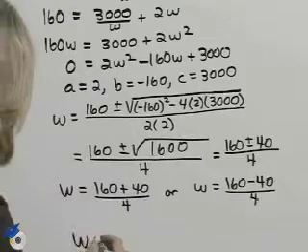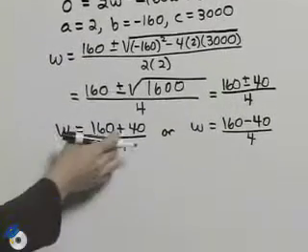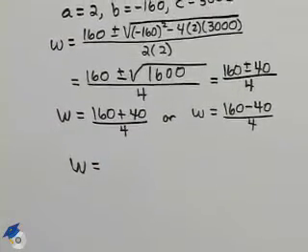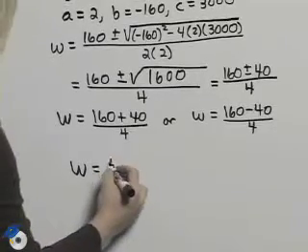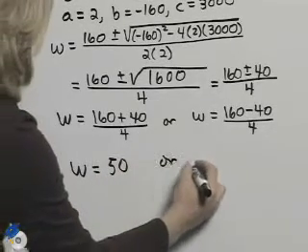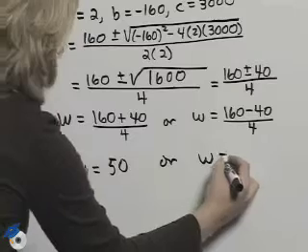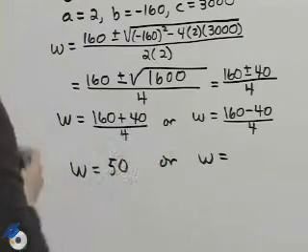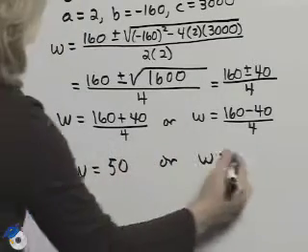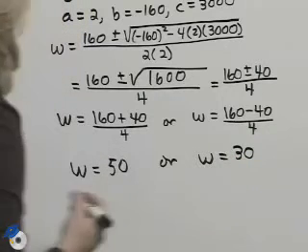So we'll have W equals 160 plus 40 is 200 divided by 4 is 50, or W is 160 minus 40 is 120 divided by 4 is 30.